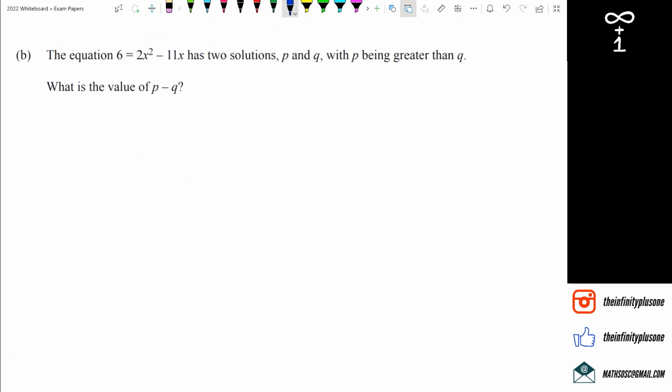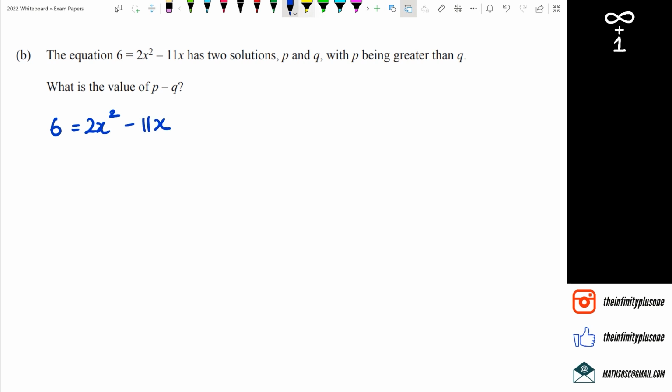For question B, we have an equation with two solutions, P and Q, with P being greater than Q. What's the value of P minus Q? Interestingly, what we've got here is a quadratic equation that we need to solve. The first step is to write the equation down: 6 is equal to 2x squared minus 11x.